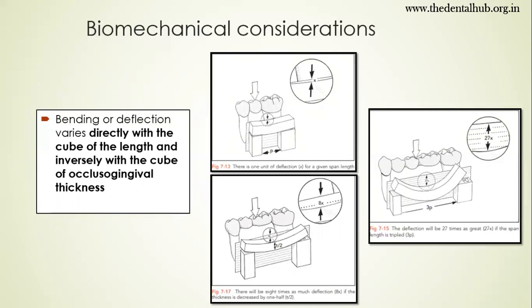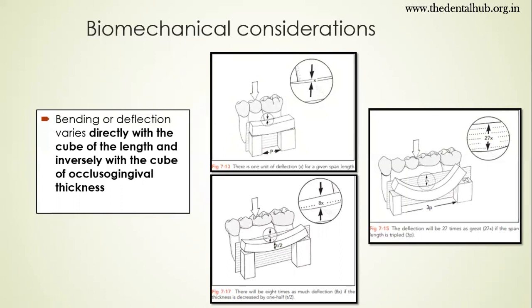So if there's a situation in the mandible where we are giving a long span and the teeth have short clinical crowns, both ways it will have a very poor prognosis. One is the increase in length, and second is the decreased occlusogingival thickness.